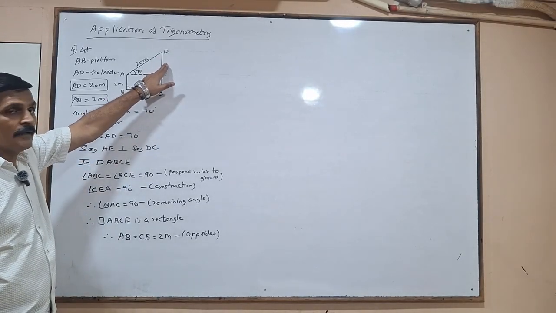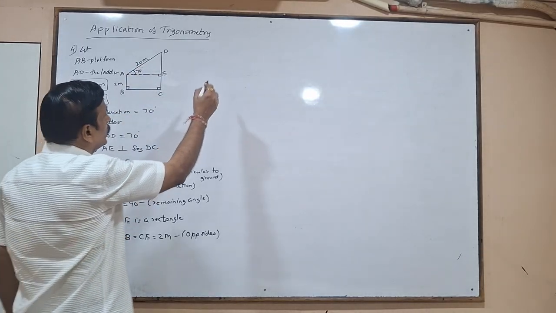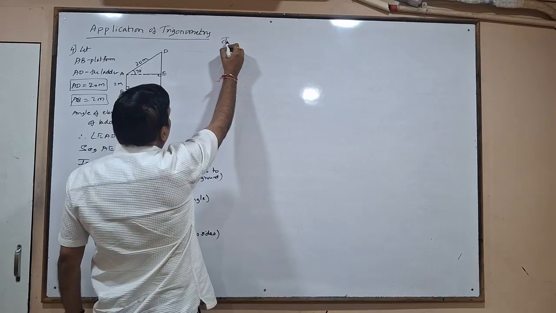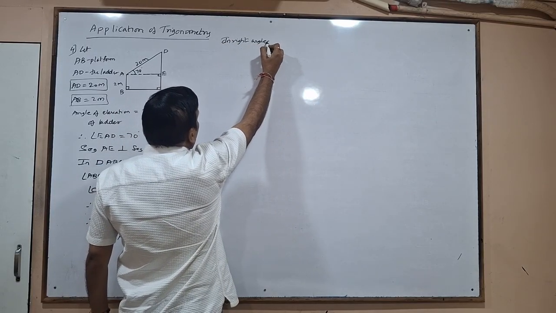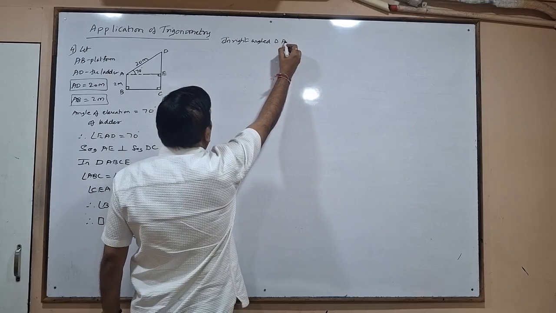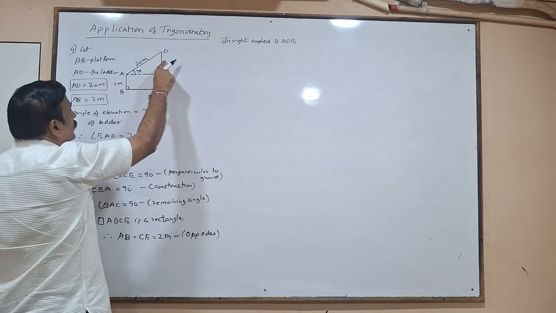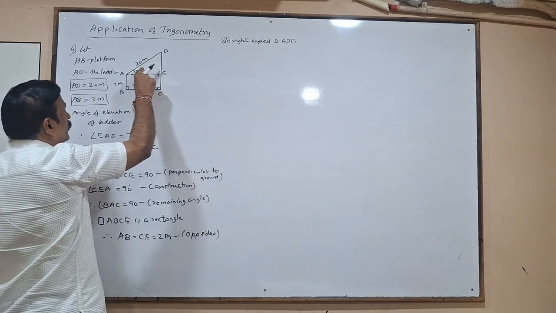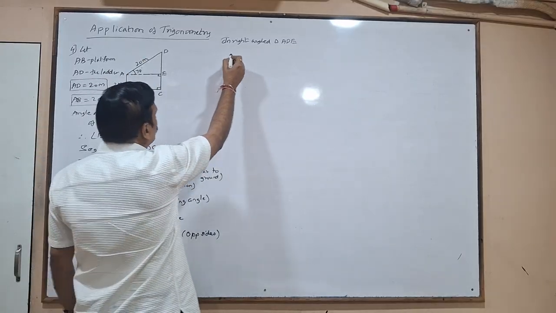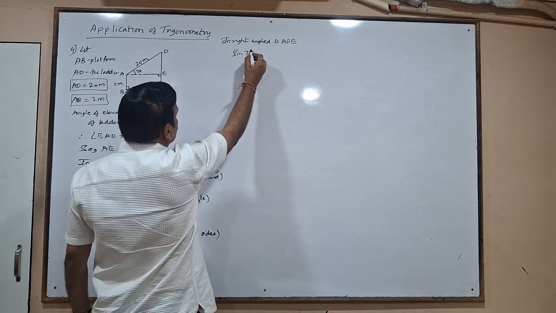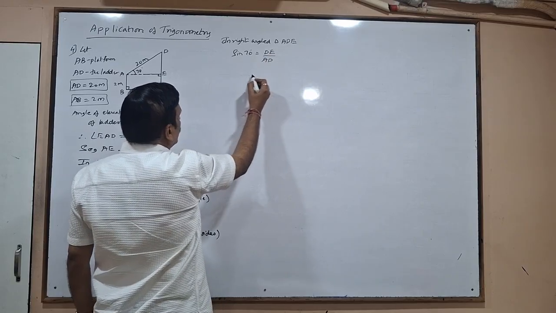We require DE, which I'll get by this right angle triangle. In right angle triangle ADE, I want the opposite or the perpendicular side of this angle. I know the hypotenuse, means I'll apply sine DE upon AD.